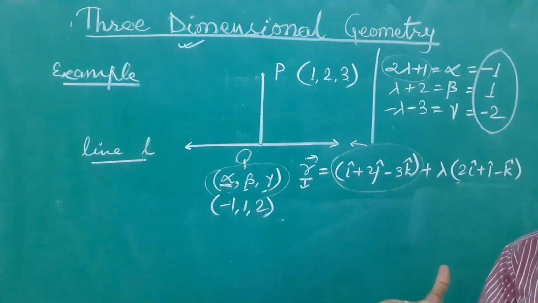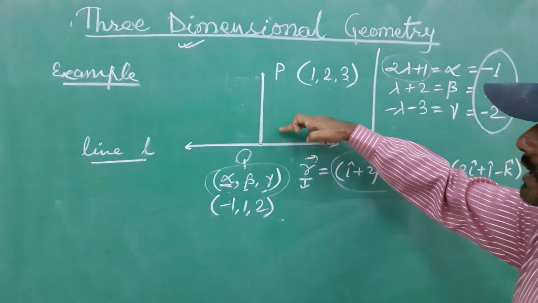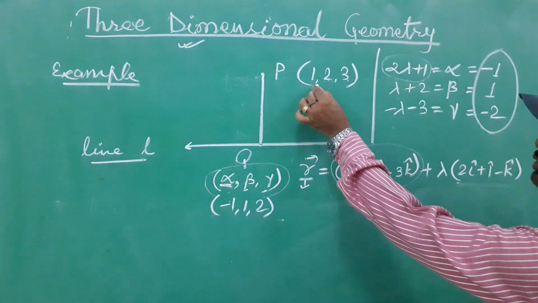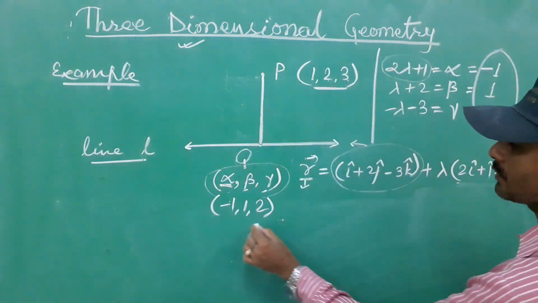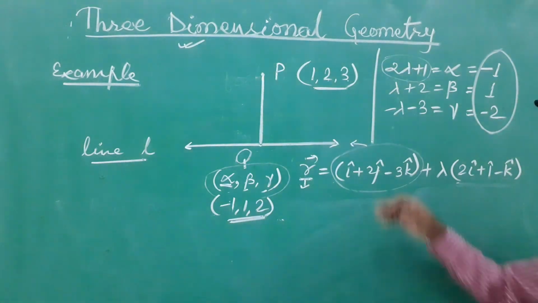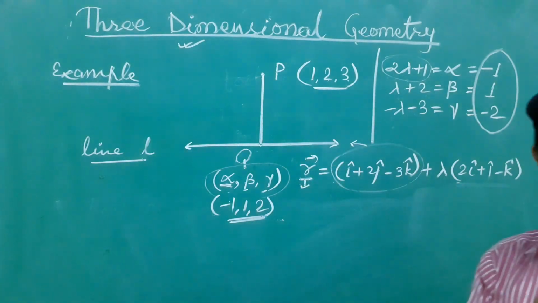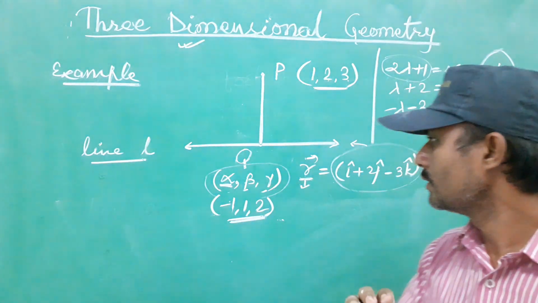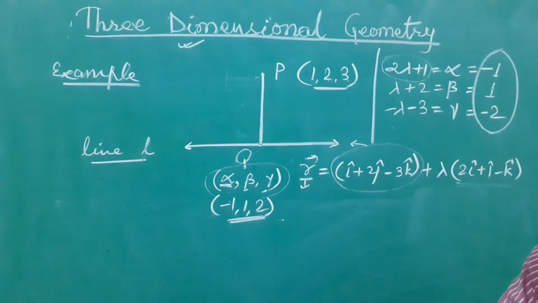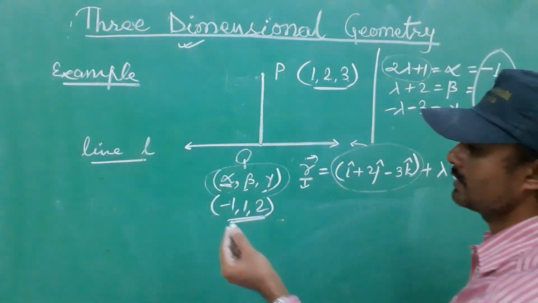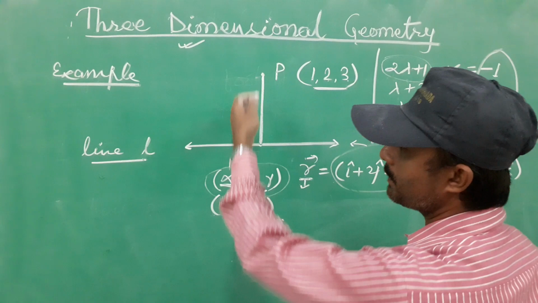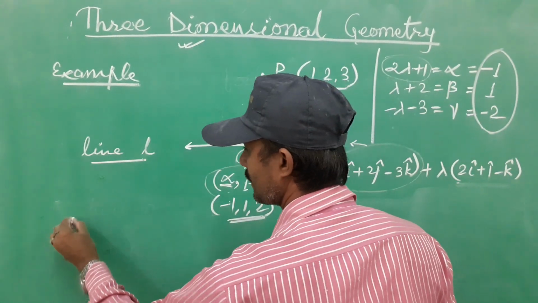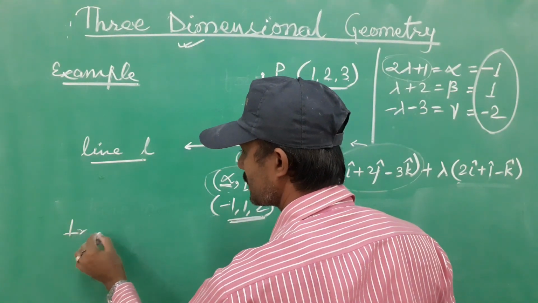Now next, finding perpendicular distance is easy, only we have to use distance formula in between these two, PQ. And finding image also easy, in that we can use midpoint. Just here I am explaining. Now how to find the perpendicular distance. Here this is perpendicular distance.